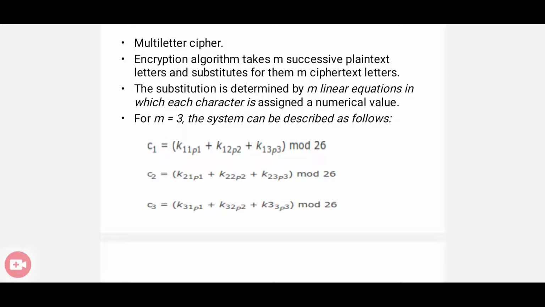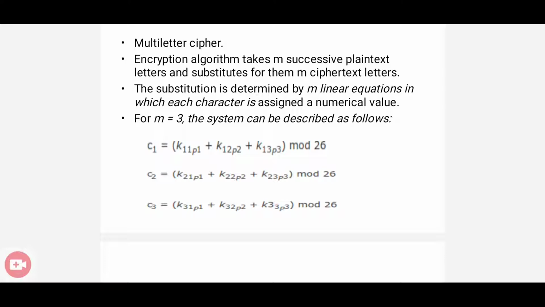Then what is P1, P2, P3 and C1, C2, C3? P1, P2, P3 are the three successive plain text letters. C1, C2, C3 are the ciphertext of P1, P2, P3.